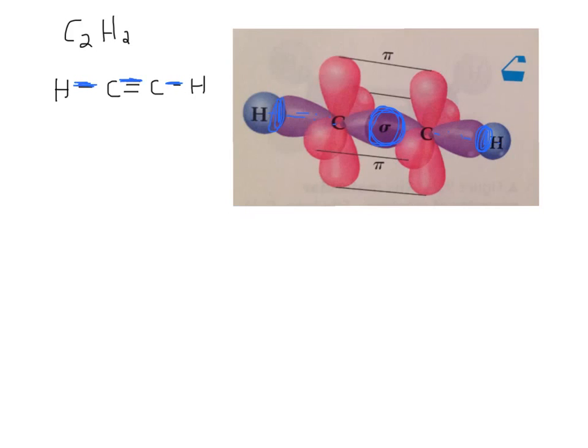We call that a sigma bond. But the next two are above and below. And then the last two are kind of front and back, but again, above and below or outside the internuclear axis. So when you have a triple bond, you have one sigma and two pi.